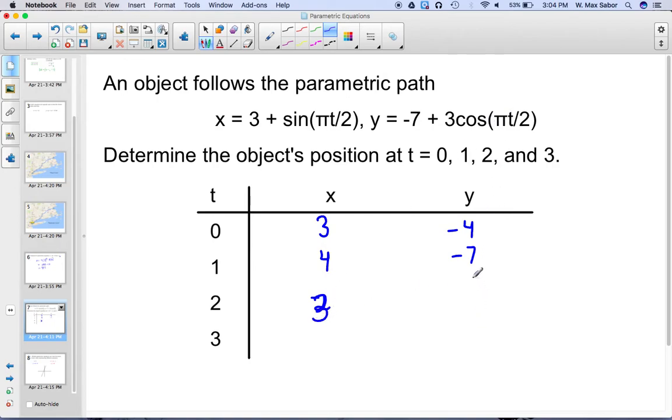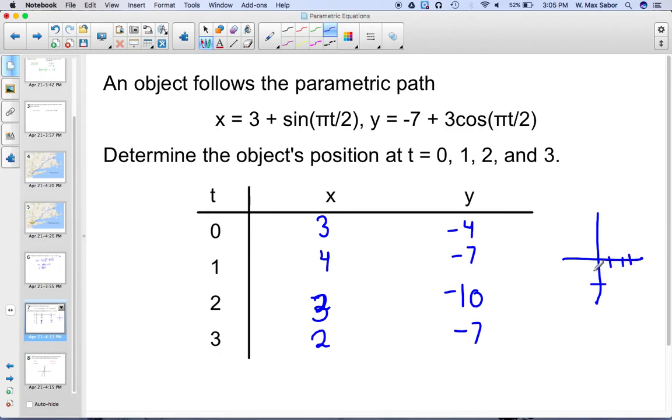Cosine of pi is -1, so now we end up with -10. Plugging in 3 here, sine of 3 pi over 2 is -1, so we get 2. Cosine of 3 pi over 2 is 0, times 3 is 0, minus 7, -7. So this gives you an idea that the object is starting at 3 comma -4.